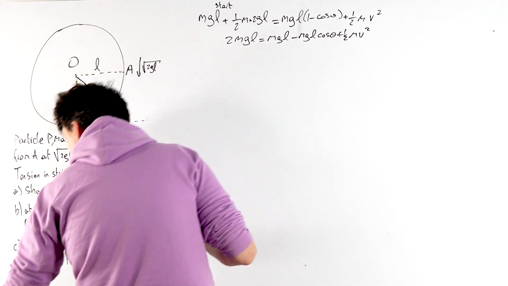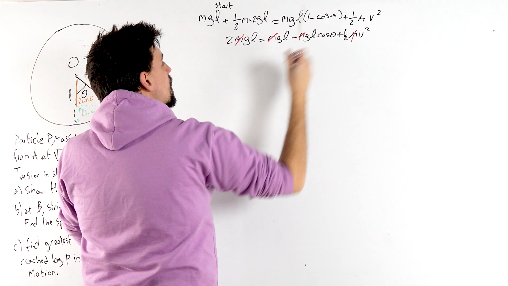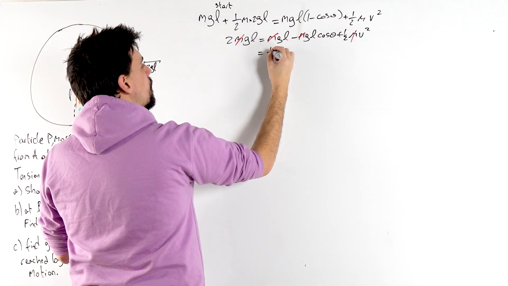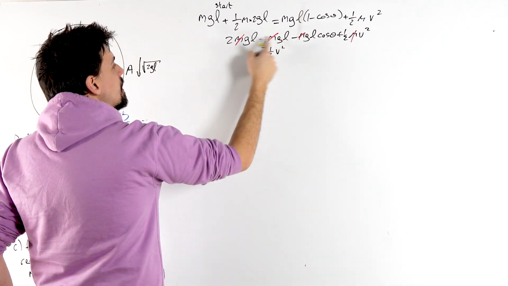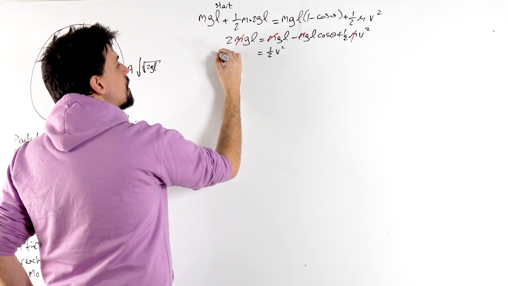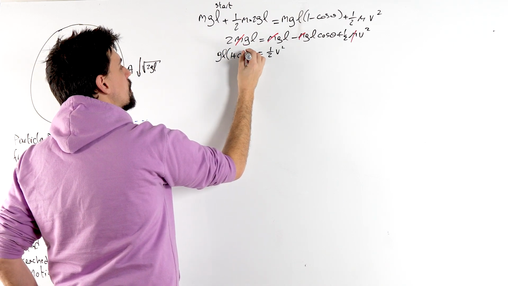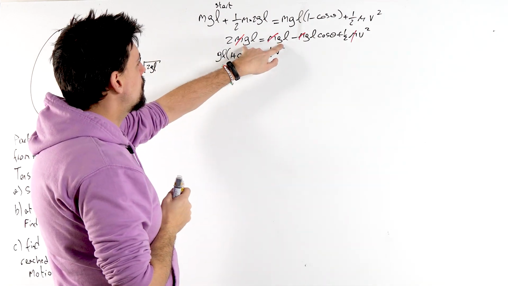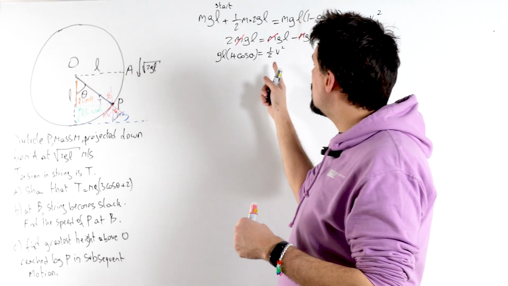The m's all cancel. And that gives me that half v squared is equal to gL times (1 plus cos theta). Take away a gL from both sides, add on a gL cos theta, and that's where we are. So that gives us one result.